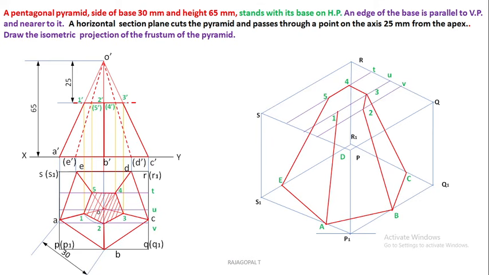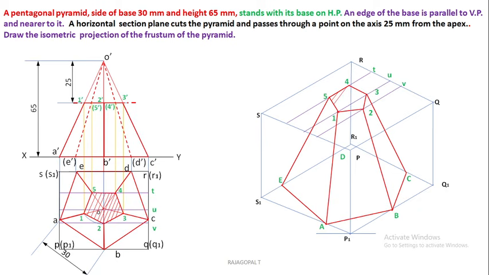After joining all these cutting points of the section plane, you can do hatching in the topmost portion of the pentagon. Why are we doing the hatching? This is the cutting portion of the section plane. After cutting the section plane, this is the exact shape of the pentagon we can see from the top view. So you can do the hatching for this section plane cutting portion by means of thin lines.